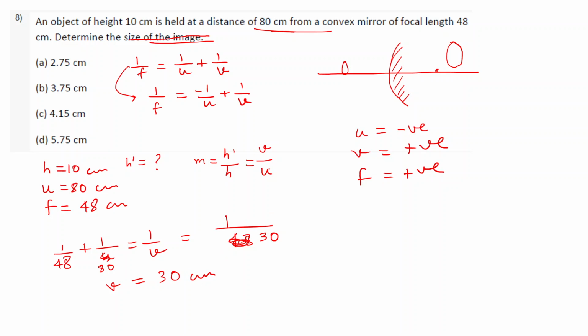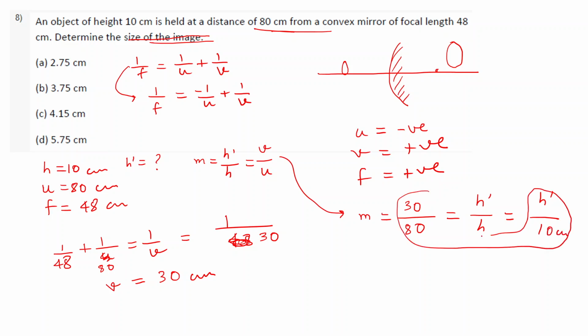Now we know v, we know u, so I can find out the magnification, right? In this, when I find the magnification, v is 30, u was 80, and this is equal to the ratio h prime over h. H prime we need to find out. H I know, which is 10 centimeter. So equating these two, I'll get h prime is equal to 30 times 10 divided by 80.